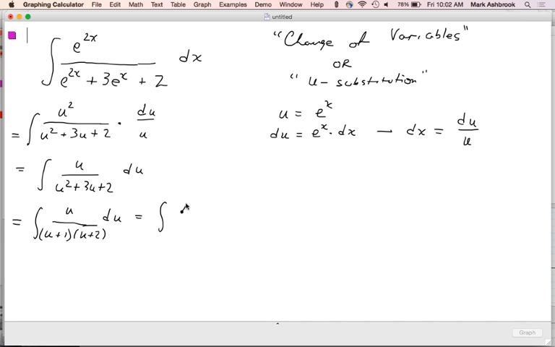So we're thinking, okay, this has to be A over u plus 1 plus B over u plus 2, somehow. And then when we add these together, our common denominator will be u plus 1 times u plus 2. And the numerators have to equal, right?